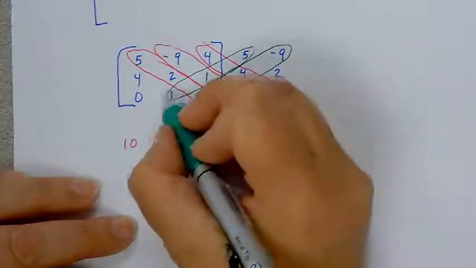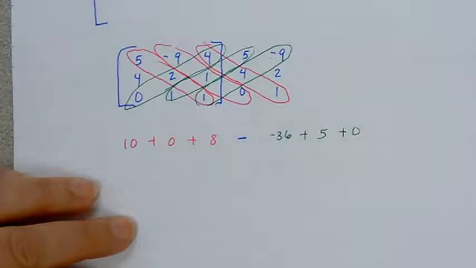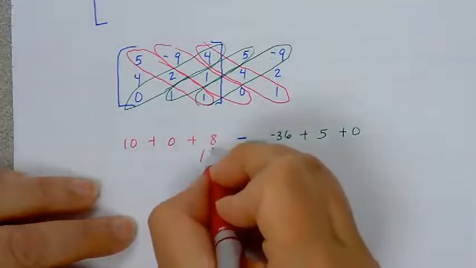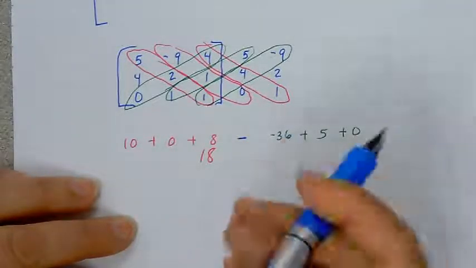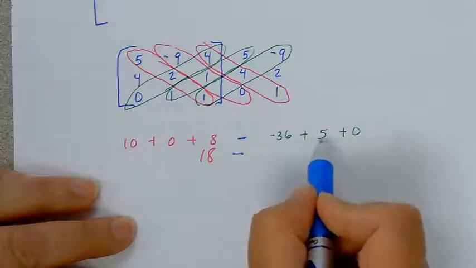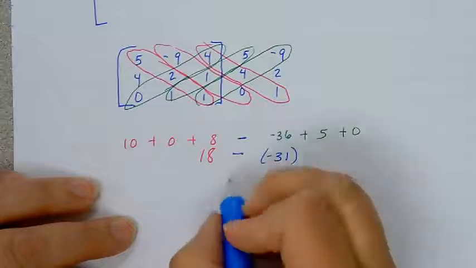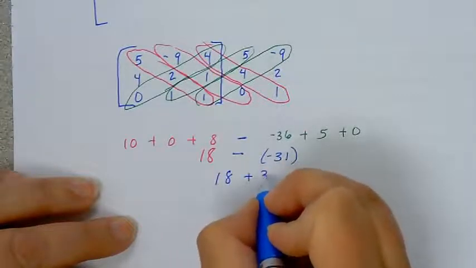And 4 times 2 times 0 is 0. So I have 18. Subtract -36 plus 5, which is -31. So this really is 18 plus 31, which is 49.